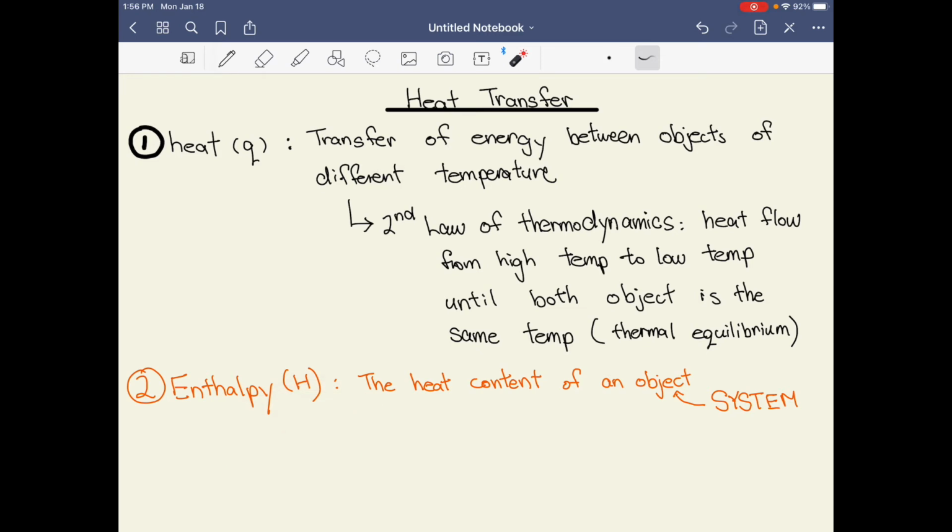Rather than saying, oh, this chemical has this heat content, and what happened to this heat content after the reaction? No, nobody ever says that. Most people talk about the change within the heat content.